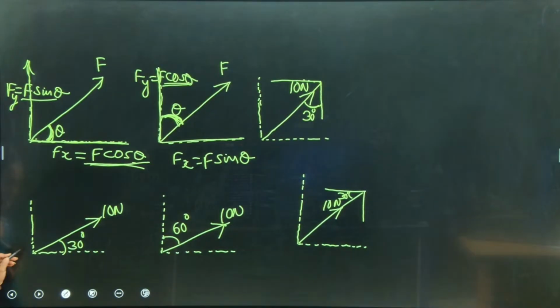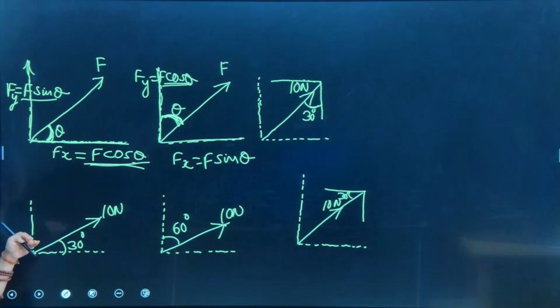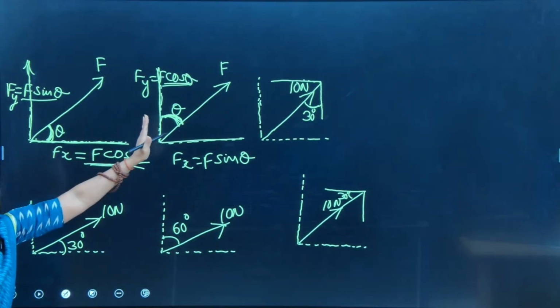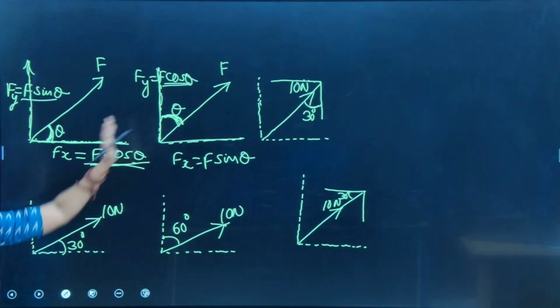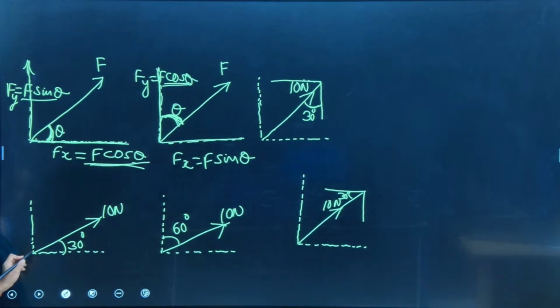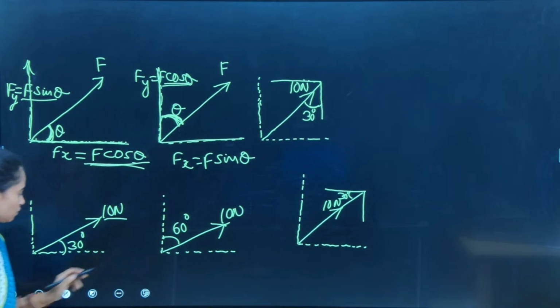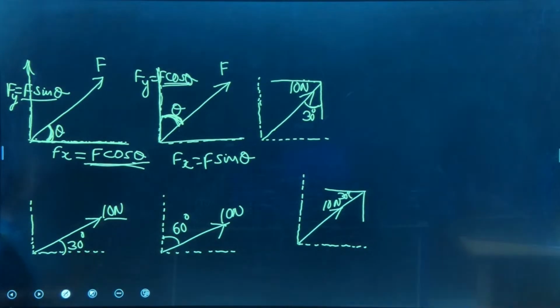No. So I have picked up two examples to clear your understanding of this theta orientation of the force with horizontal and with vertical. In this first case, there is a force of 10 Newton inclined at 30 degree to the horizontal, right? So what will be this component?